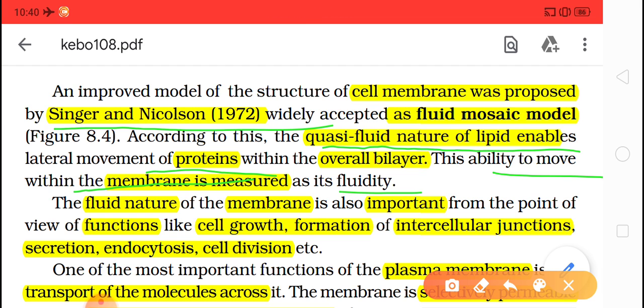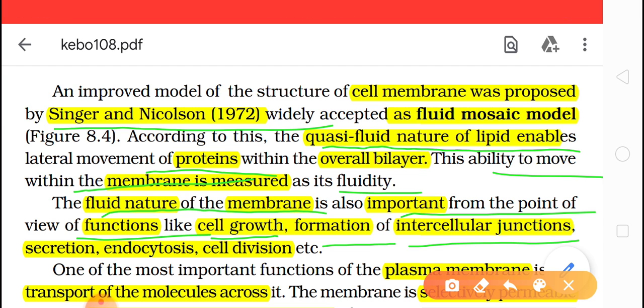Next point, the fluid nature of membrane is also important from the point of view of certain functions they perform: cell growth, formation of intercellular junction, secretion, endocytosis, and cell division. These various functions are performed due to the fluid nature.